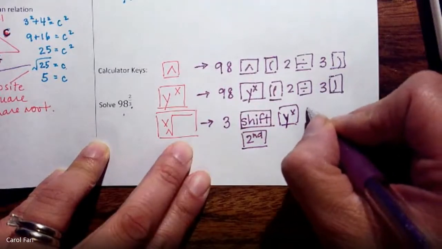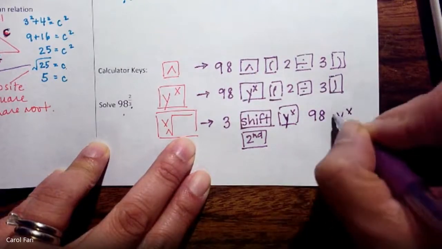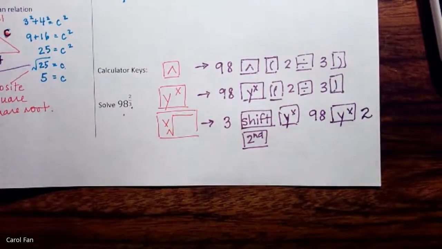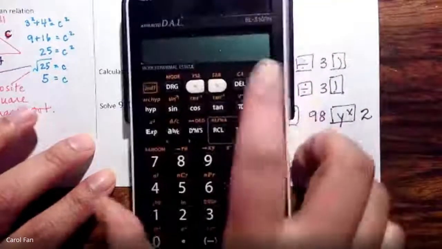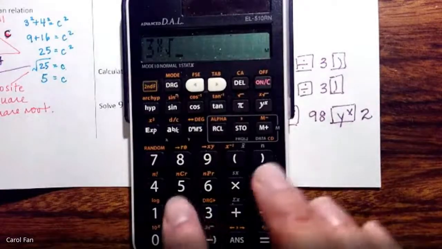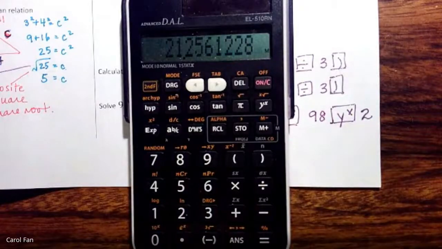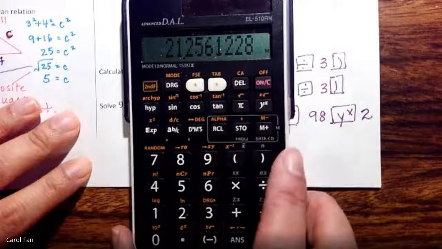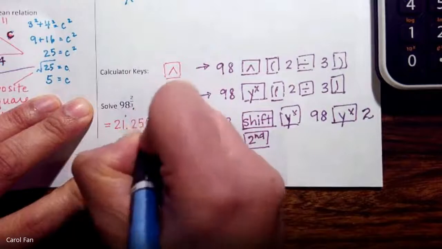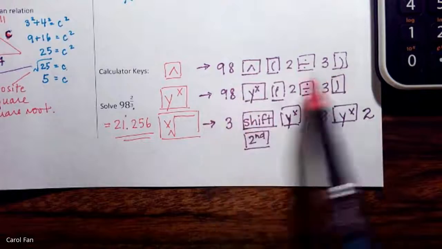Then I type in 98 to the exponent 2. Play around with it. I'm just going to show you how I do it. I have 3 nth root of 98 exponent 2, and the answer is 21.256. So in this case, it's given me 21.256.